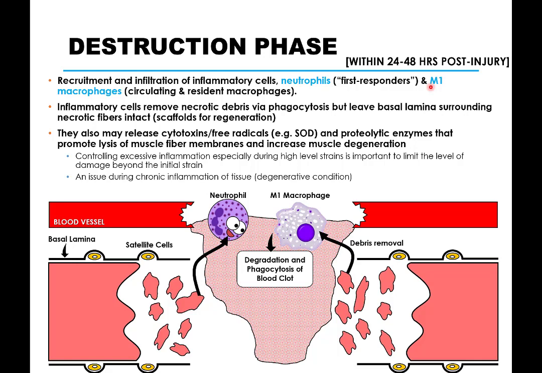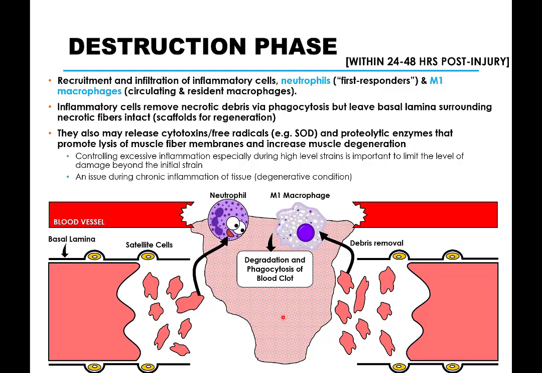In the initial acute inflammatory phase, these two inflammatory cells serve really the same function and purpose, and that is to clean up the mess left from cellular damage and the subsequent focal necrosis of the damaged portions of the muscle fibers. In other words, they are there initially as a cleanup crew to remove the necrotic debris. In addition, the macrophages also break down the blood clot that formed previously from the hematoma within the central zone.